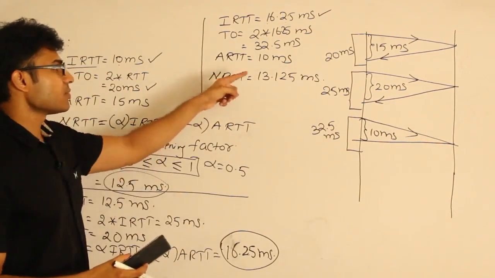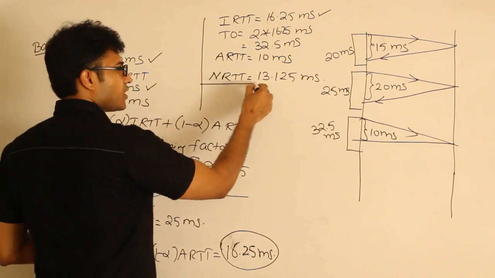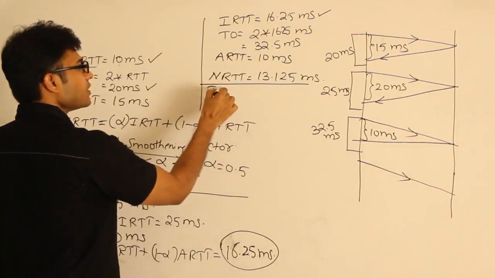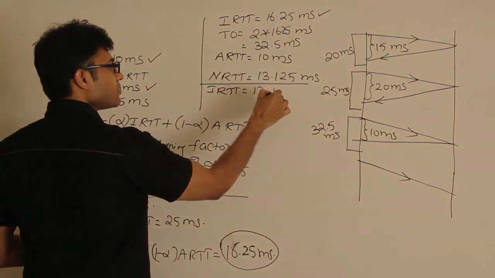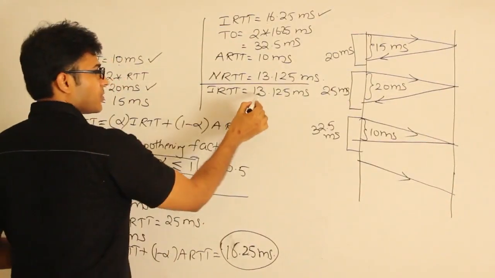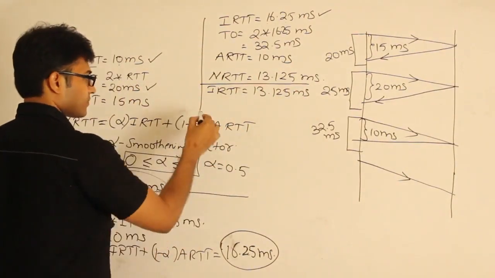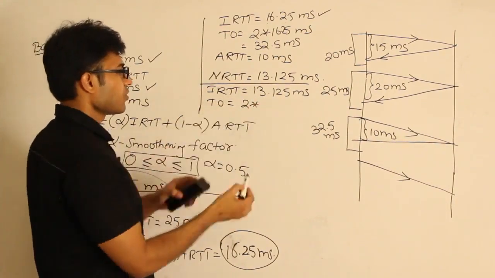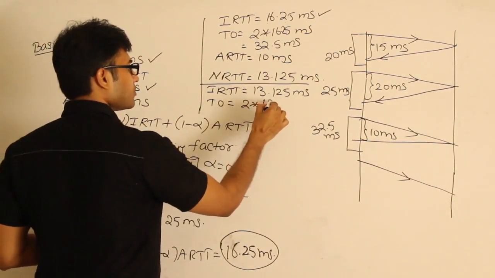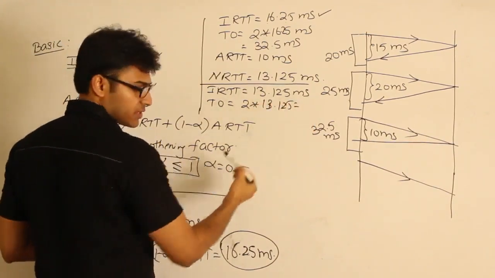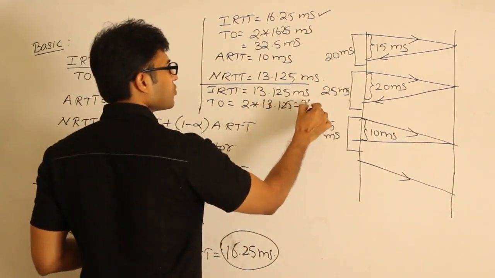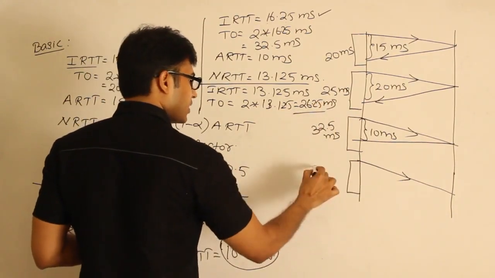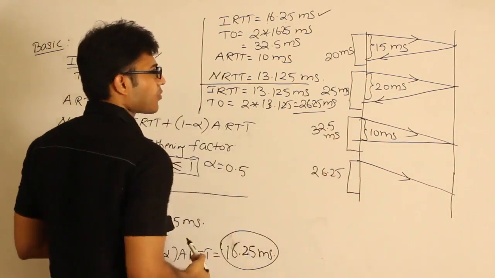Therefore, if NRTT is going to be 13.125 milliseconds, for the next packet, when you are sending the next packet, the initial RTT is going to be 13.125 milliseconds, and therefore timeout is going to be 2 into this. So timeout is going to be 2 into 13.125, which is nothing but 26.25 milliseconds. Therefore for the next packet 26.25 is the timeout timer, right?